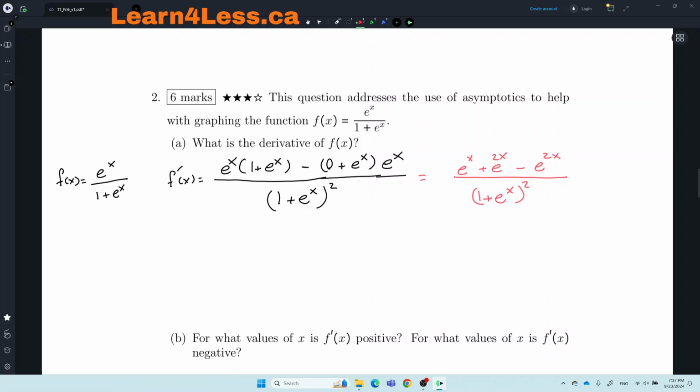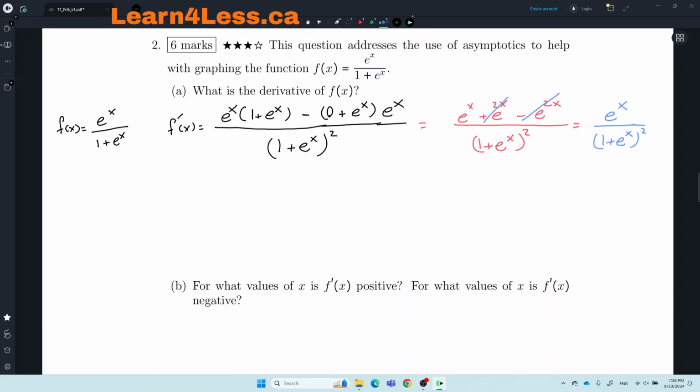It's better to keep the denominator as is without expanding that. So what we will get is, cancel these two, and we get e to the x over (1 plus e to the x) squared. This is the derivative of the function f.